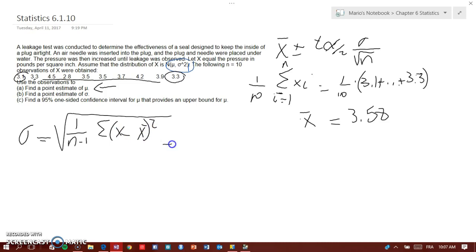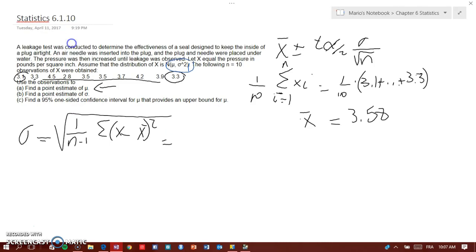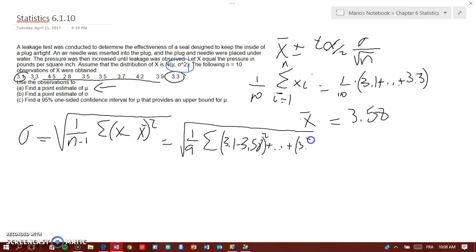So sigma would be equal to the square root of 1 over 9 times the summation of 3.1 minus 3.58 squared plus, and so on, up to the last one, 3.3 minus 3.58 squared, and that would equal 0.5112.